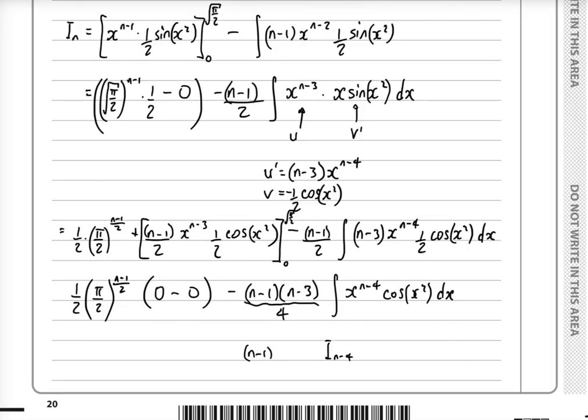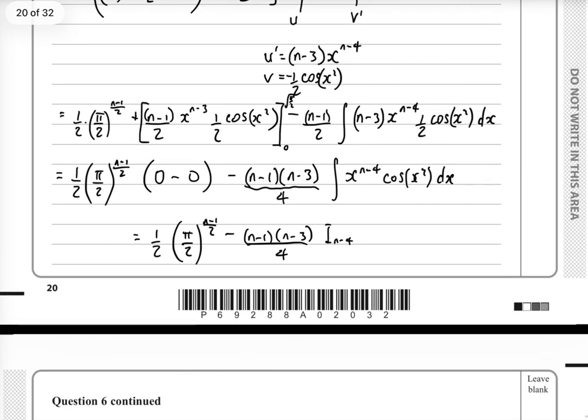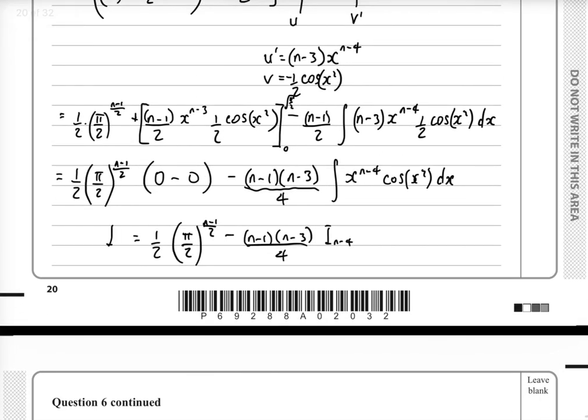We've got n minus 1, n minus 3 over 4, and this strange thing on the front still. But hopefully that matches what we needed. It does, except they've written a quarter and I've written divide by 4. That's good enough. So that is part A finished.